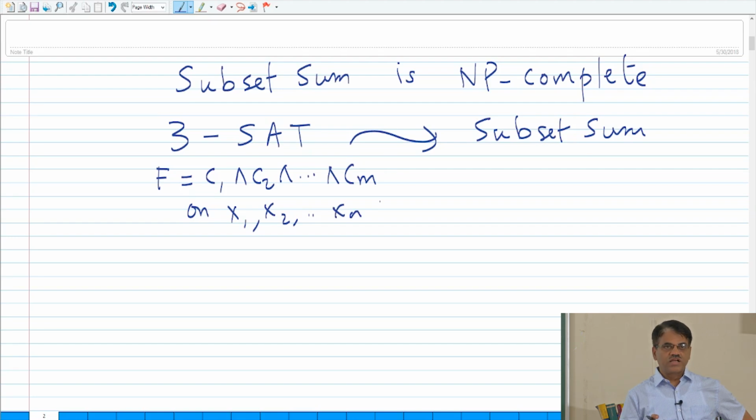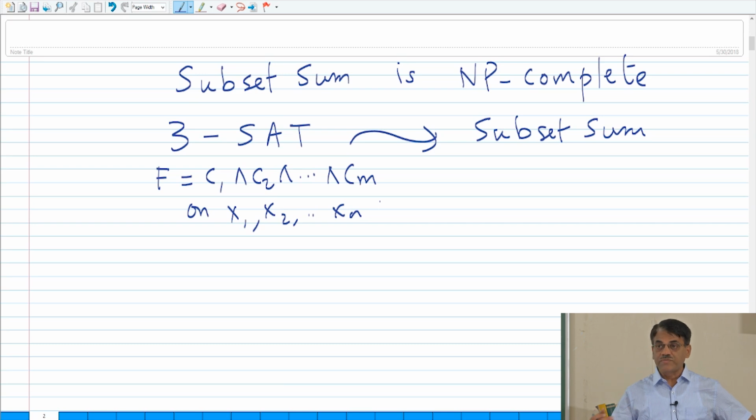Each clause is an OR of 3 variables. It is 3-SAT, that is why, right. So, from the formula, what do I have to now produce? An input for subset sum. What is an input for subset sum? A set of numbers, exactly, right.